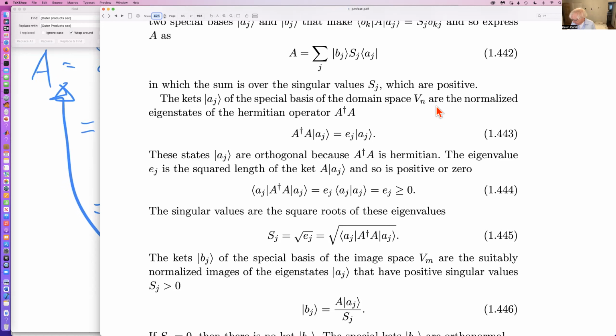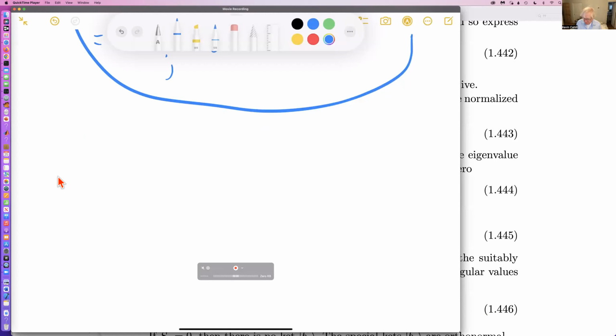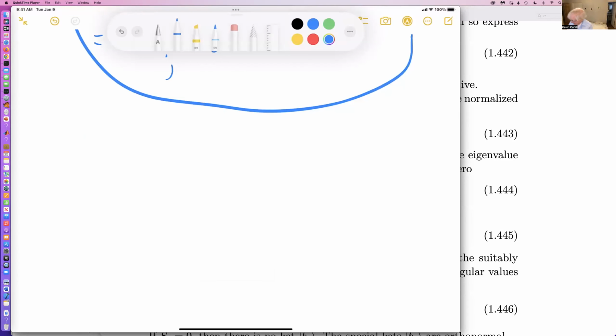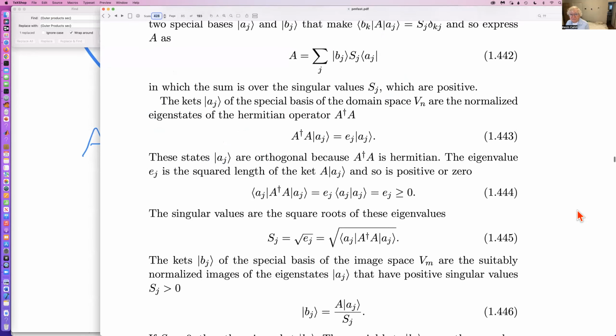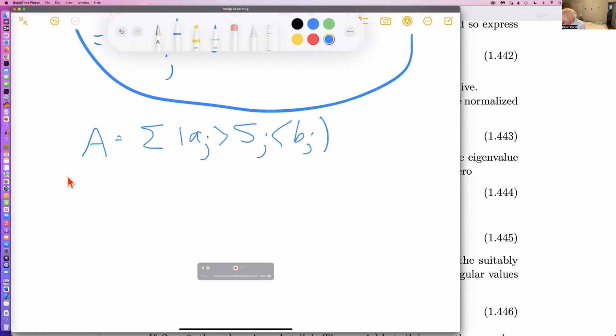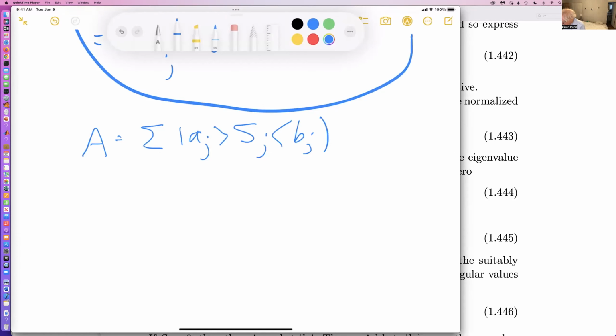You can see that in particular, if you have A as a sum of A_J, S_J, B_J, then suppose A is Hermitian, so it's equal to its adjoint, which is a sum of B_J, S_J star, A_J.